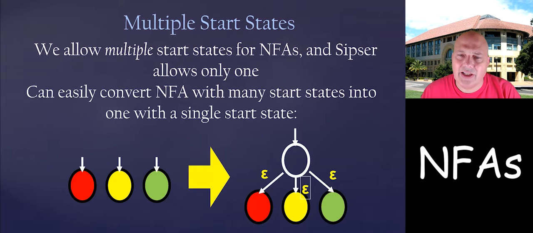So you can define this new state, which is the start state, and now you can take an epsilon transition to each one of the previous start states, and so you can perform whatever computation you could with the many start states. So allowing many start states doesn't increase the power of the machine. You can do the same thing with a single start state.